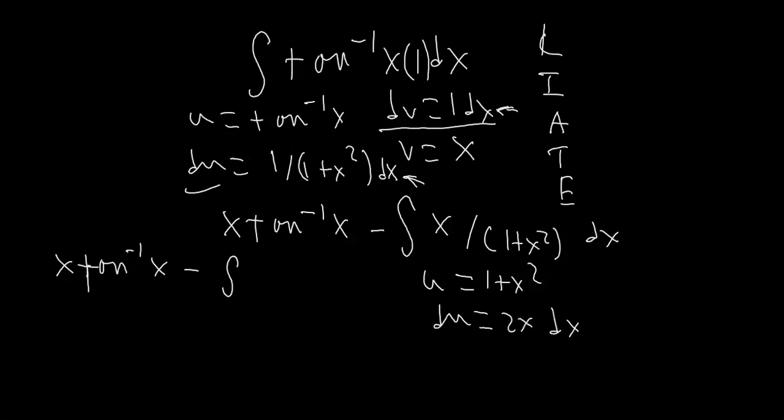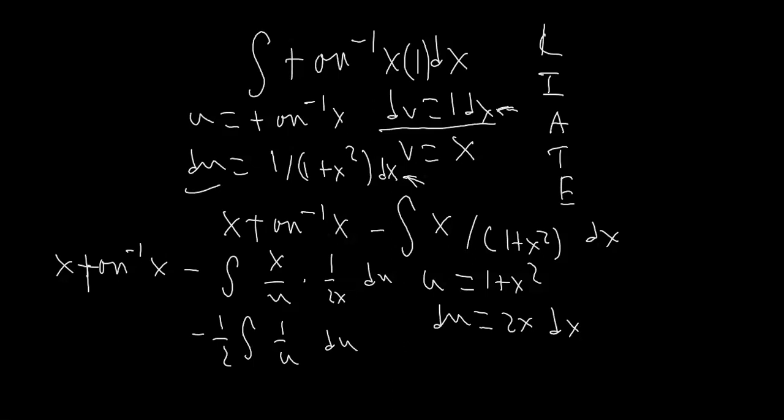Okay, and now we have x over u times 1 over x du. So when that is all solved, we have the integral of 1 over u du.